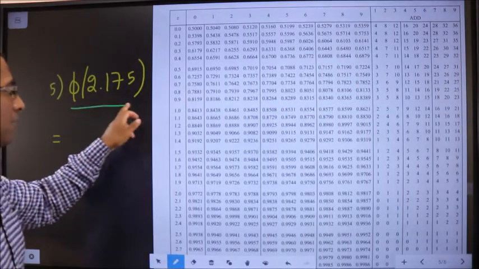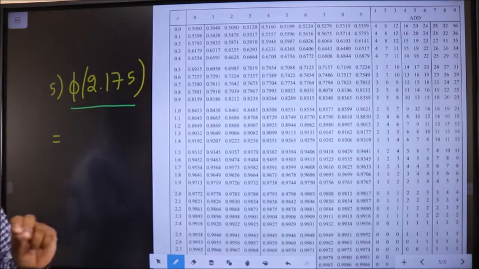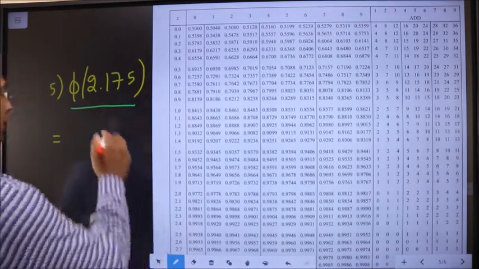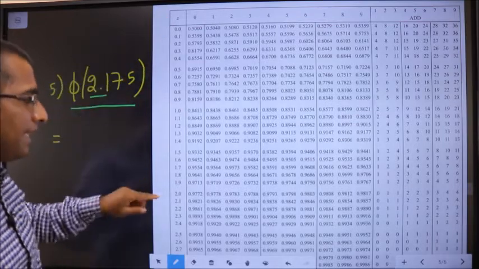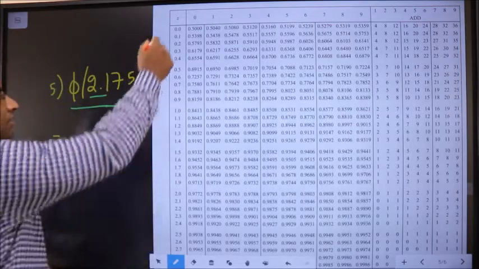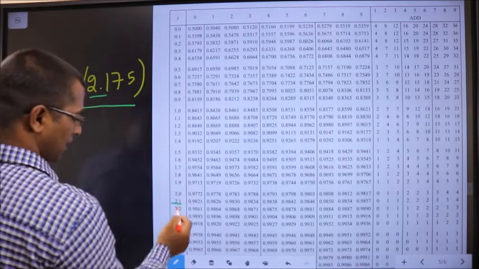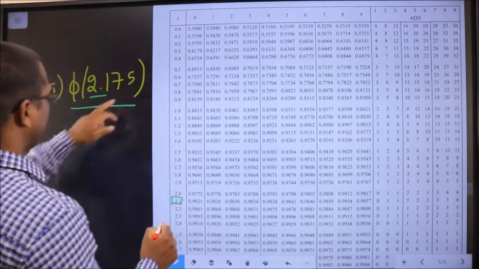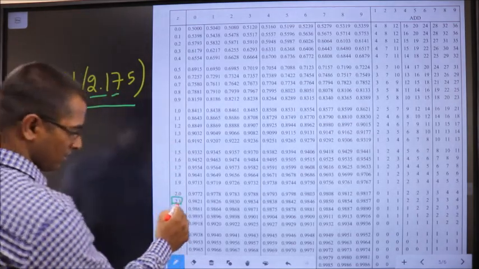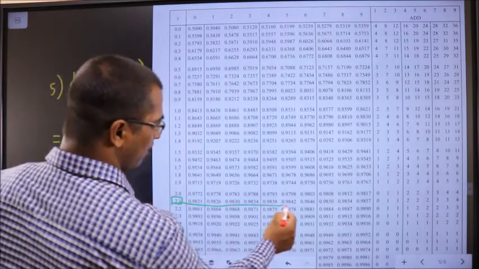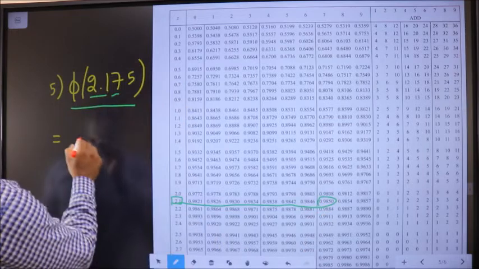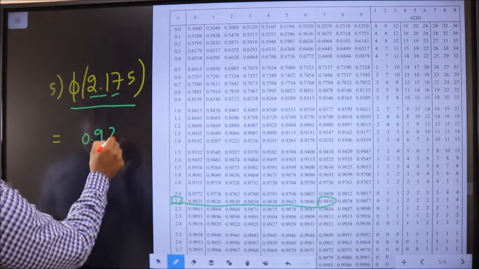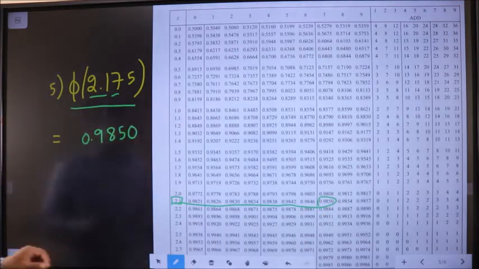Phi of 2.175 is how much? First, see here 2.1. In the first column, where do you come across 2.1? That is over here. Next decimal is 7. So on the same row, stop at 7. That is this number, which is 0.9850.